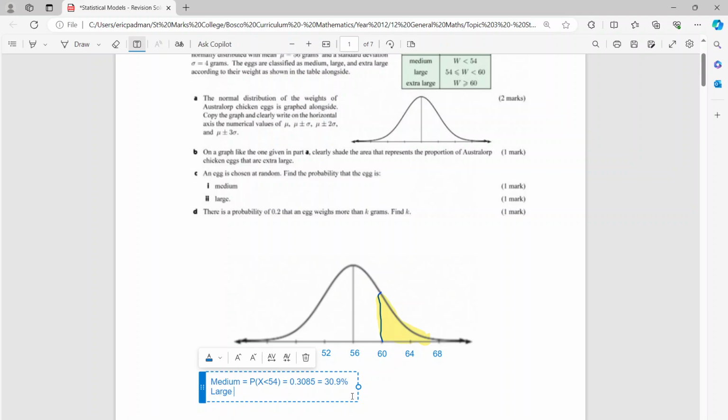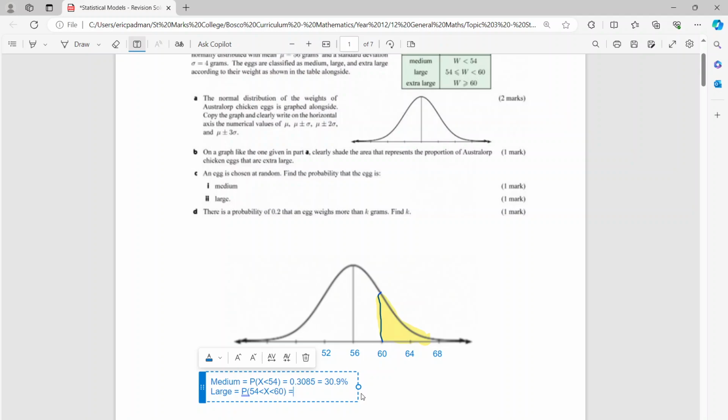Similarly, large falls inside a range, so it falls in between. So the probability it falls between 54 and 60.